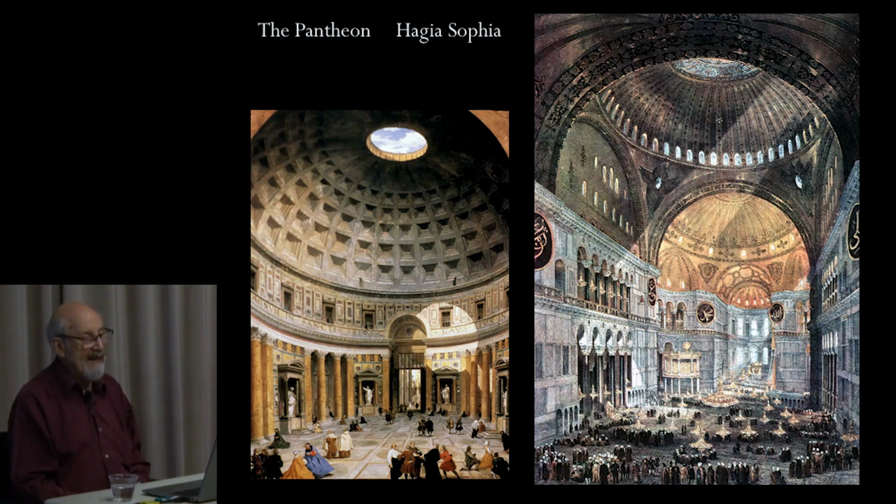They let no light in except through the oculus. In Hagia Sophia the light penetrates from many places, and most significantly, in a ring of windows around the dome. The Pantheon wouldn't have survived if they'd tried to do that.